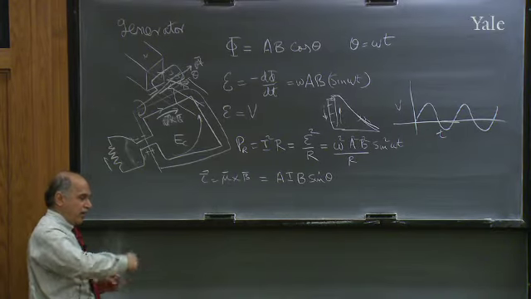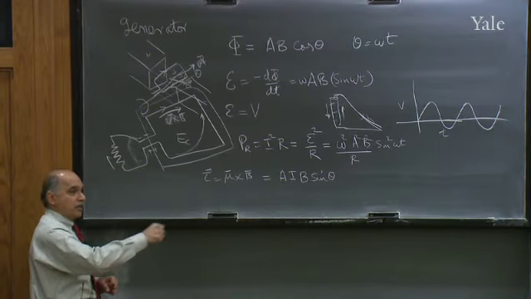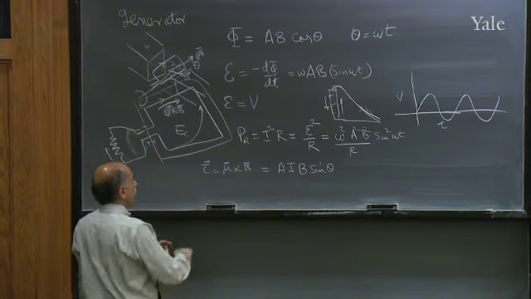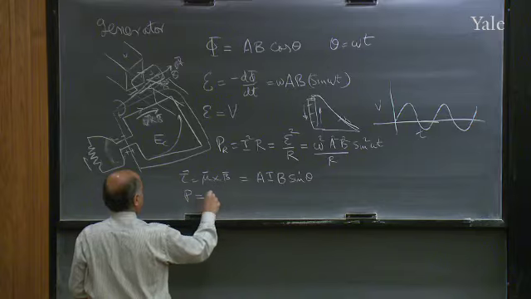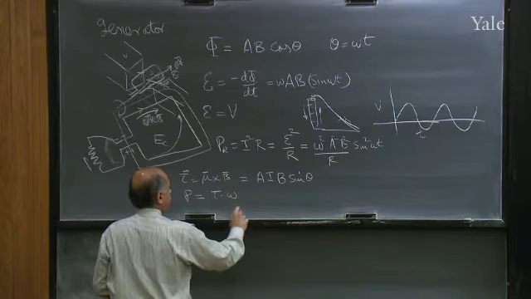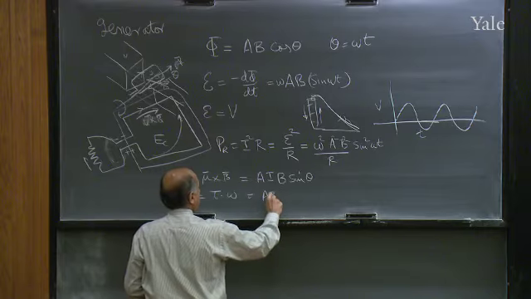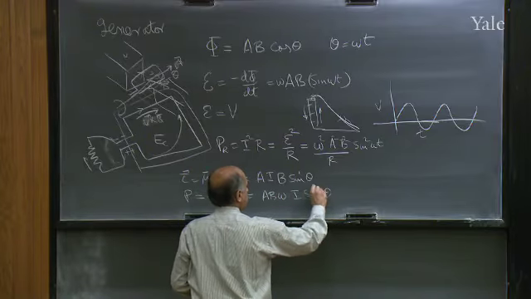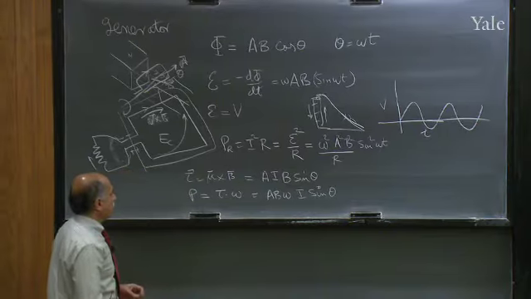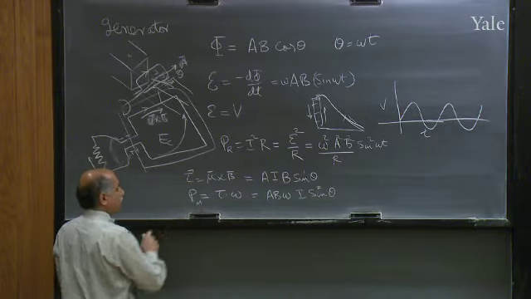If you're turning the crank by hand, the minute you put a load, you will find it's hard to turn it. And the power, just like power is force times velocity, for rotational motion is torque times angular velocity. That gives me A B omega I sine theta. That's the power, the mechanical power, P sub m.